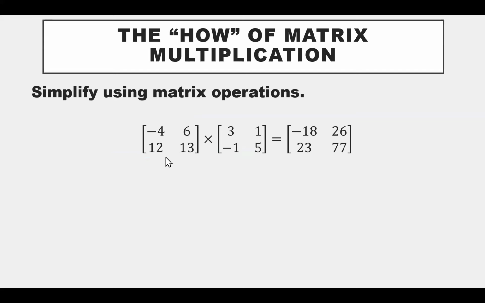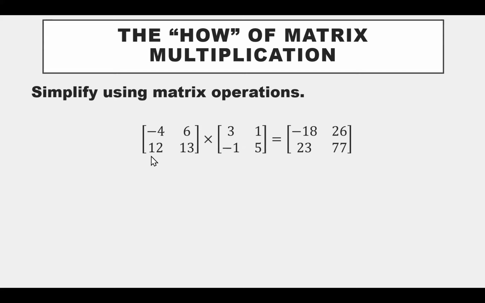So when I multiply these two matrices, I got negative 18 as the 1, 1 entry. That came by multiplying first row times first column. 26 as the 1, 2 entry. That was first row times second column. 23 as the 2, 1 entry. That's second row, first column.